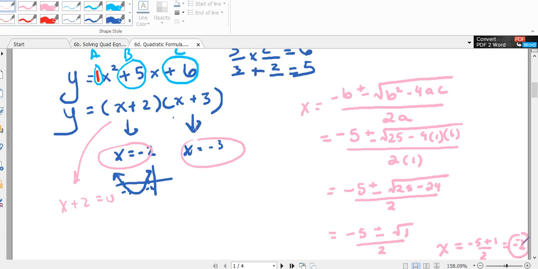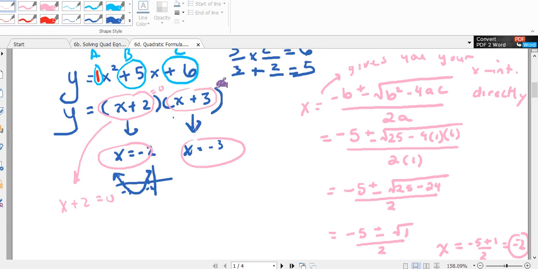You do not switch the signs. Okay? So this will give you your x-intercepts directly. Whereas in the factored form, you still have to solve each factor, setting them equal to 0 to find out what the x-intercepts are.